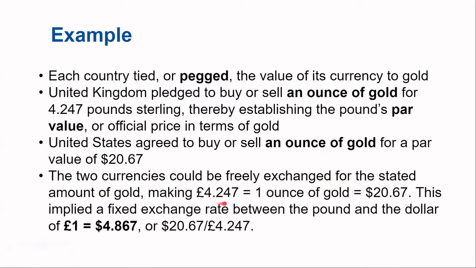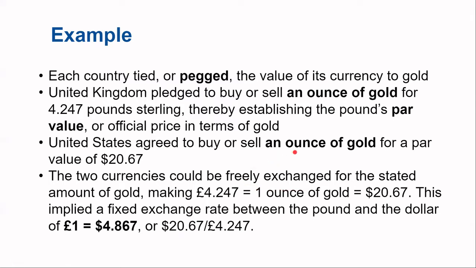For example, 4.247 equals 20.67. This implied a fixed exchange rate between the pound and the dollar, which is 4.867. You can do that for all other countries.